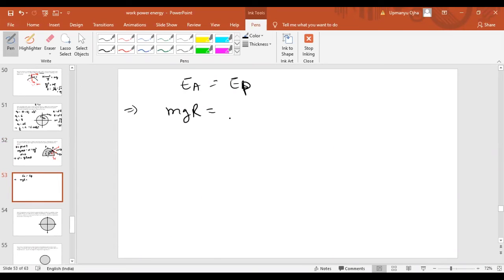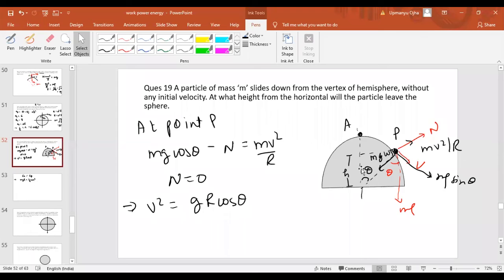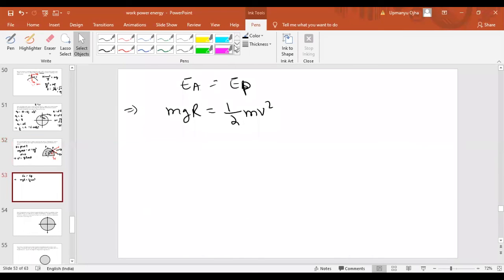Now energy at point P will be first kinetic energy, that is due to the velocity, half mv square, where v is the velocity of the particle at this point, plus the potential energy, that is mgh. The mass can get cancelled out, so we get velocity at that point v square must be equal to 2gr minus 2gh.